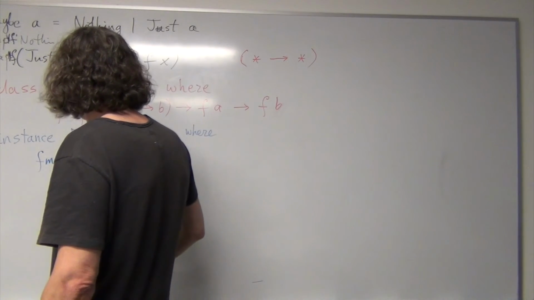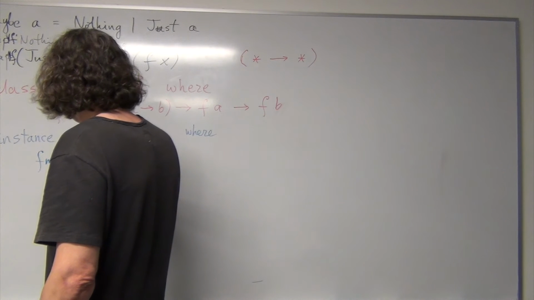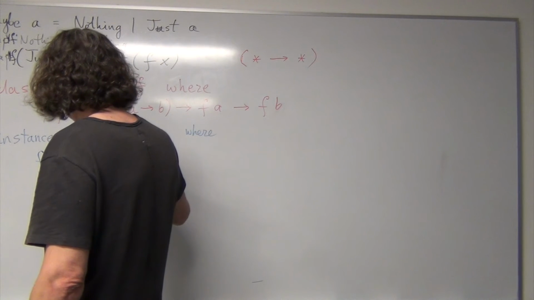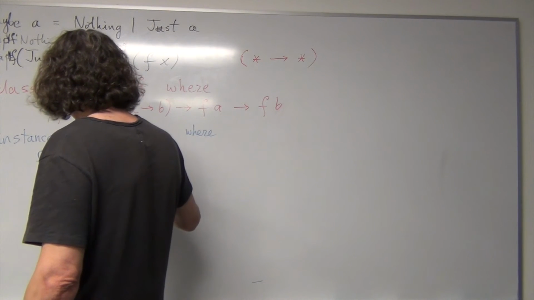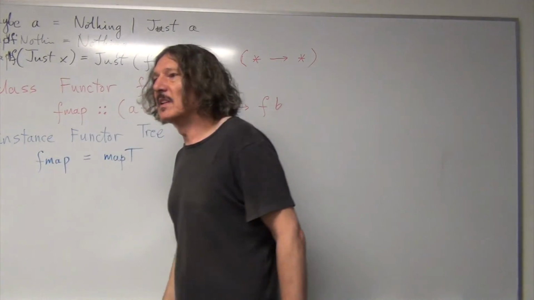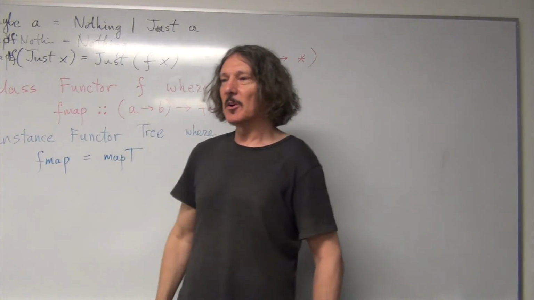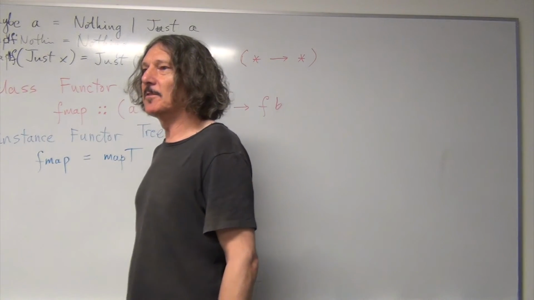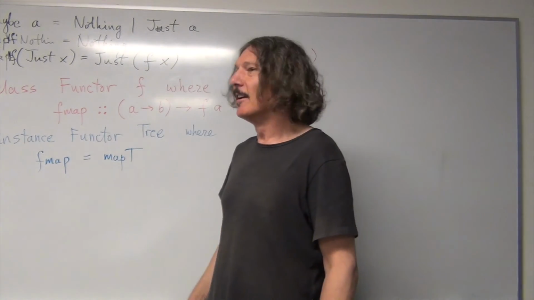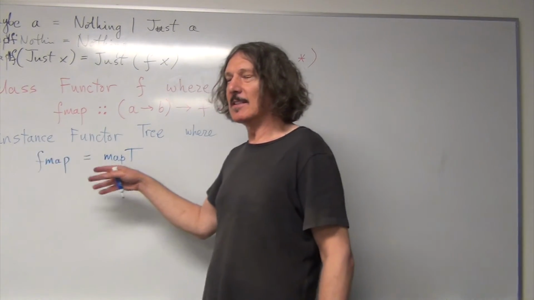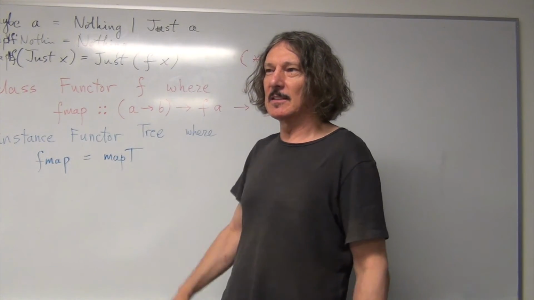Now I have an easy thing to do, because I can just say fmap is equal to map tree. And that's it. I mean, normally when people define one function in terms of another, they have to specify the arguments and just repeat them on the right-hand side.